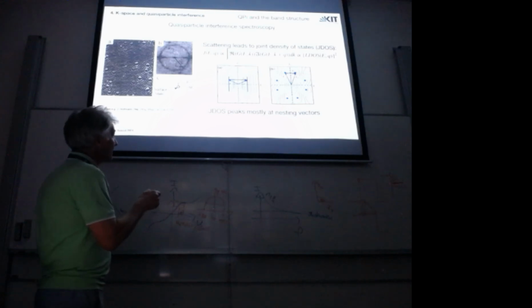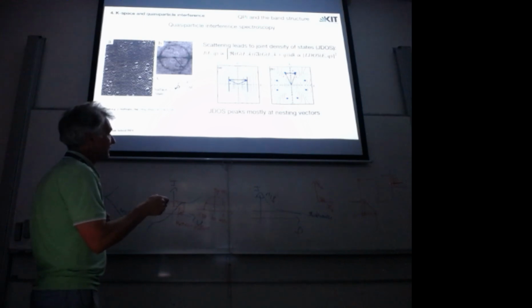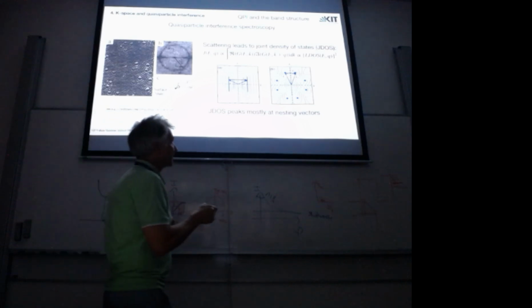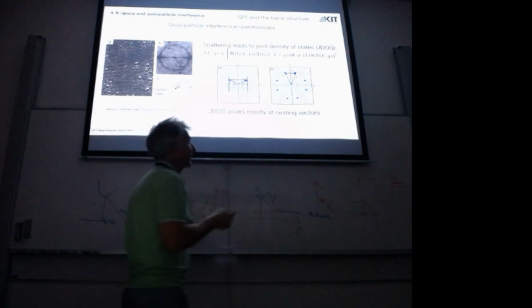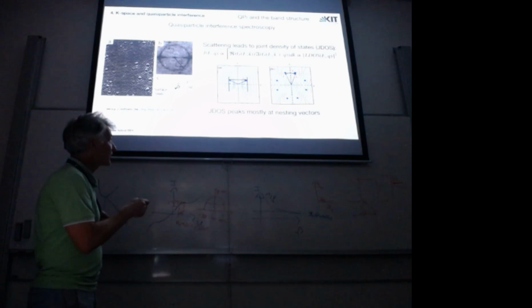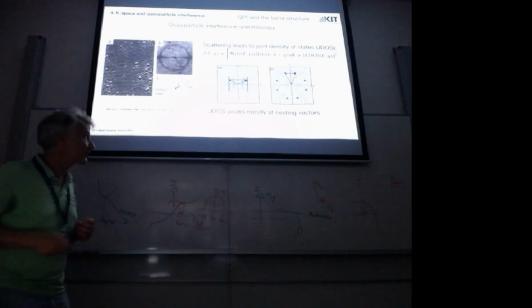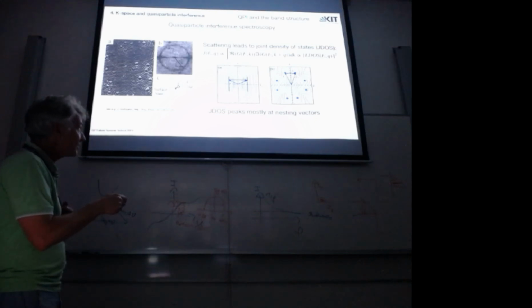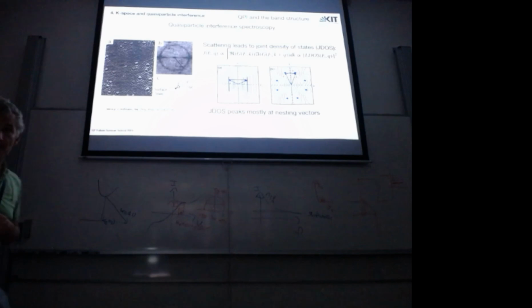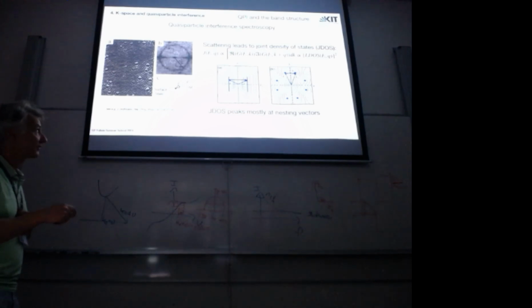This joint density of states is the real part of the Green's function times the imaginary part of the wave function plus this momentum transfer, and then it's proportional to the LDOS squared. So you get a convolution of the spectral functions, and what you see is basically the nesting. These peaks are nesting vectors of the Fermi surface.